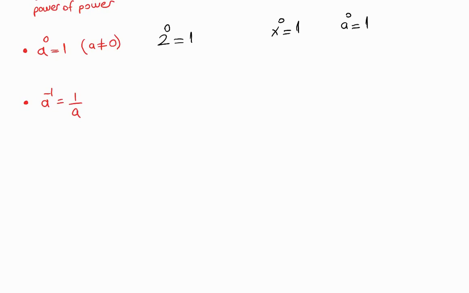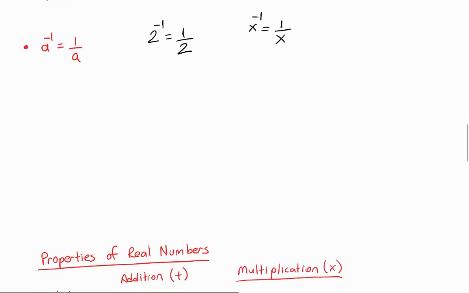and if there is -1 or a negative number in the exponent place, let's say 2 to the -1, we can write it as 1 over 2, or x to the -1, 1 over x. It doesn't have to be -1.